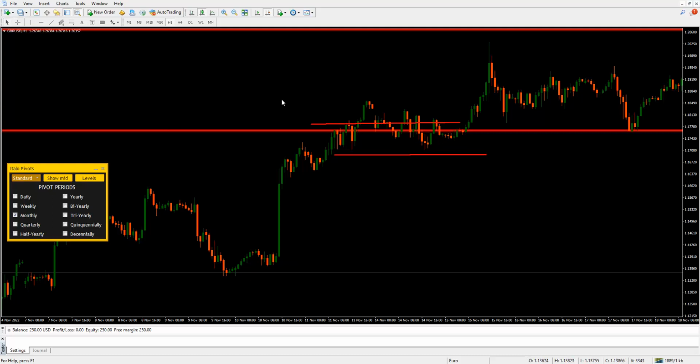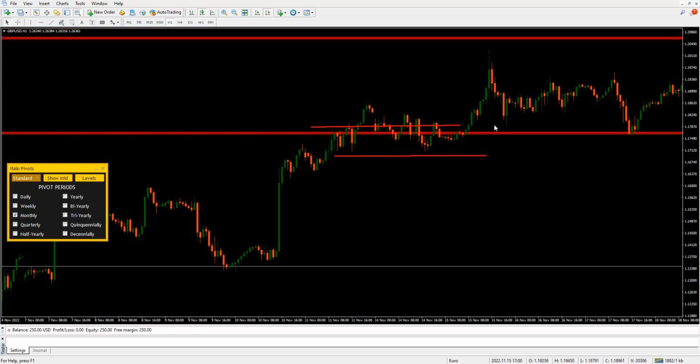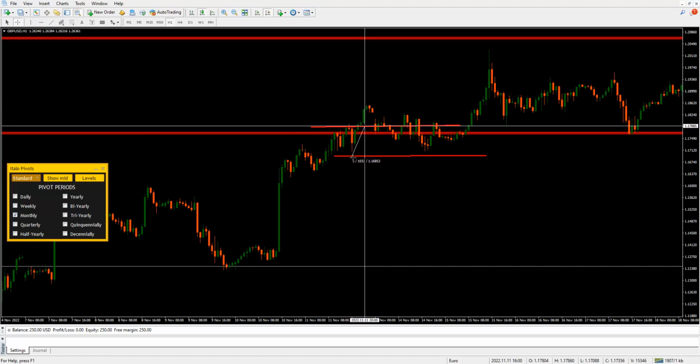Now again, here we have two options. You can trade risk-reward ratio. Here I recommend minimum 1 to 2 risk-reward ratio. So we risk here 1,000 points.